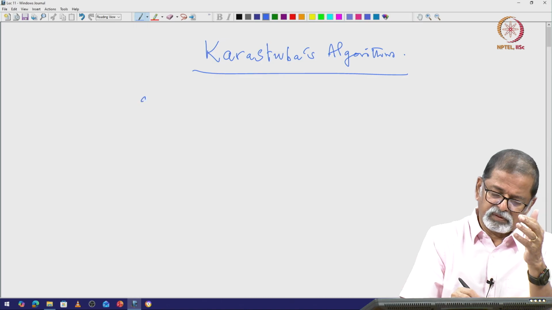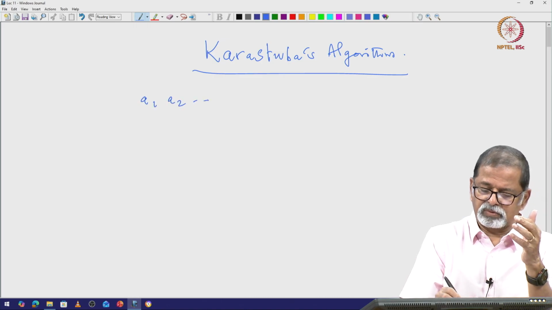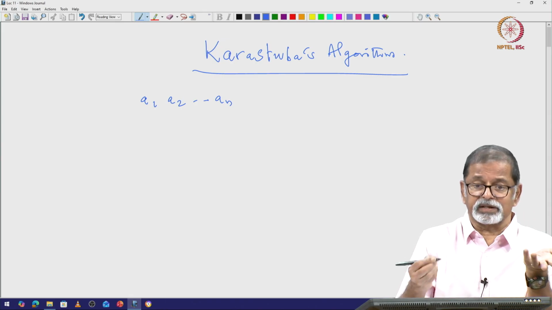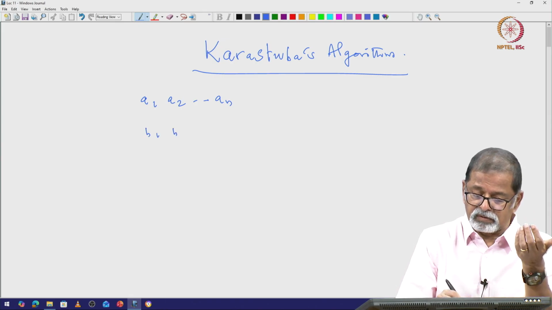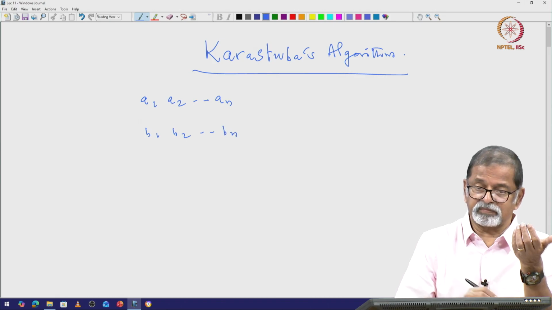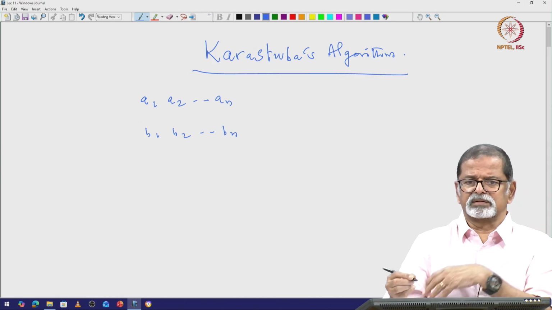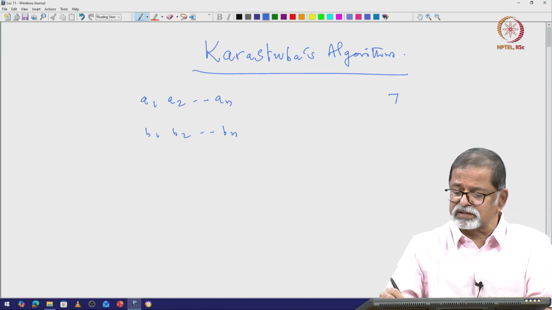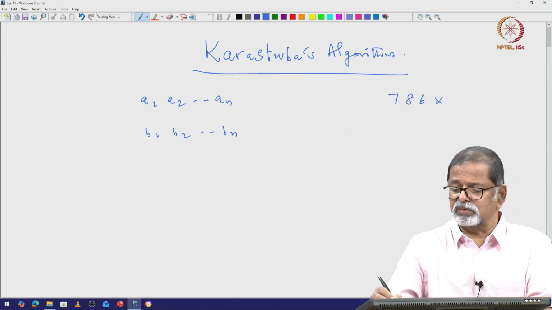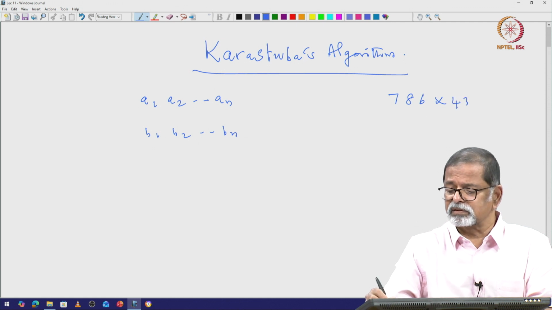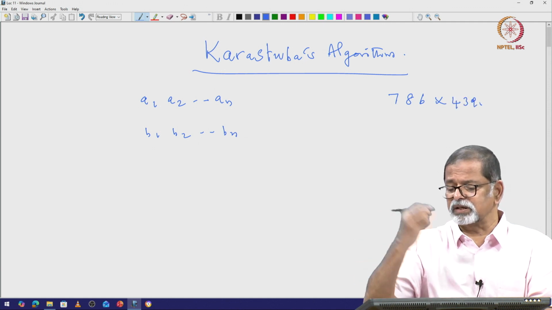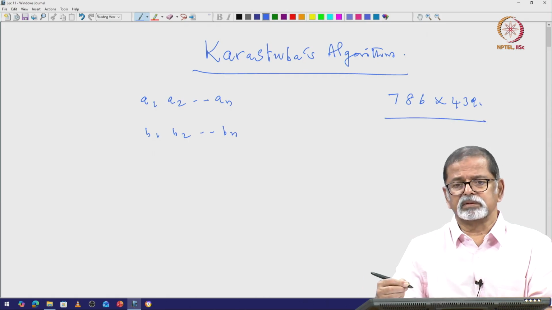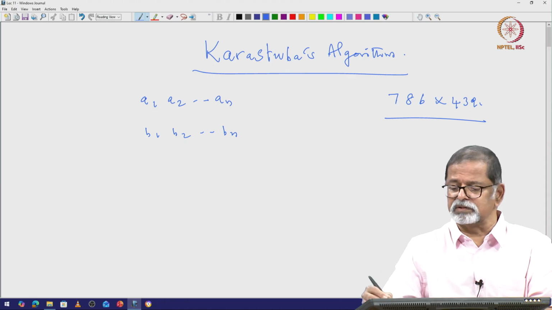Let us say you have A1, A2, ..., An, an n-bit number, and you have to multiply it with another n-bit number B1, B2, ..., Bn. Like in our high school method on decimal digits, if you are looking to multiply 786 with 439, you multiply digit by digit.